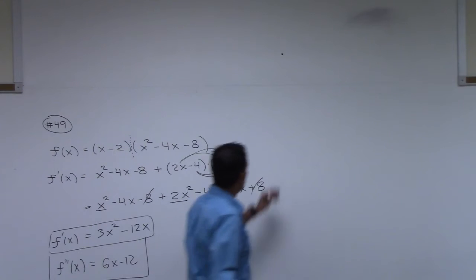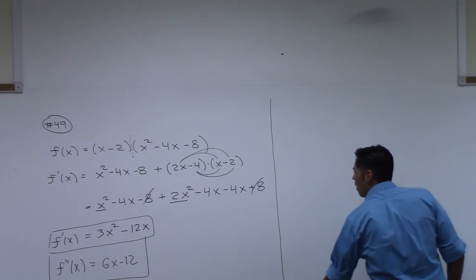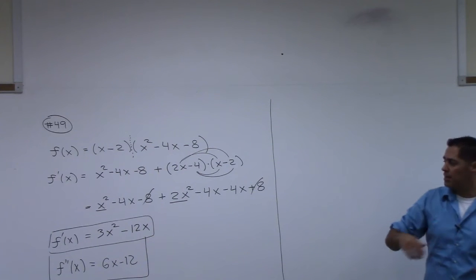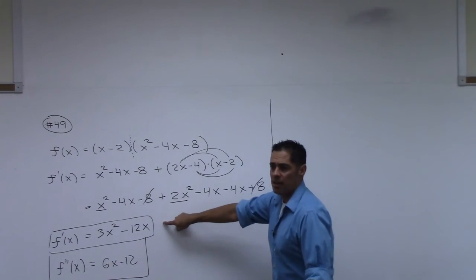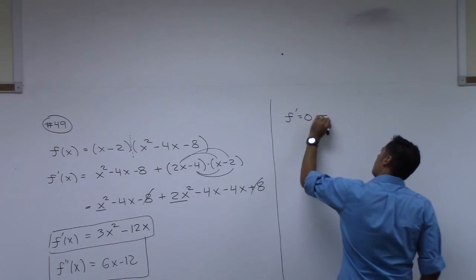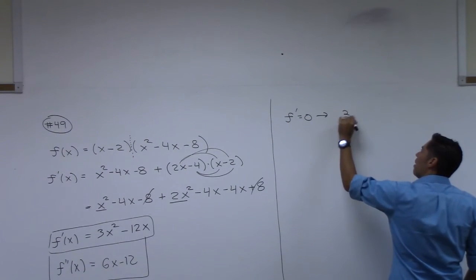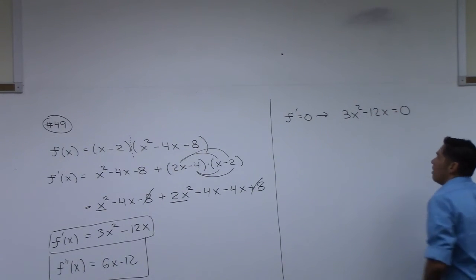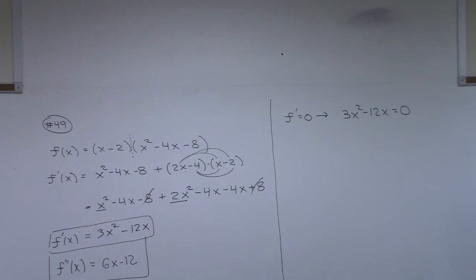Okay, now, to figure out where our function is going up and down, right, where it goes up and where it goes down, we need to take the first derivative, set it equal to 0, which means I'm going to set 3x squared minus 12x equal to 0. And what can I do with this to try and solve that?